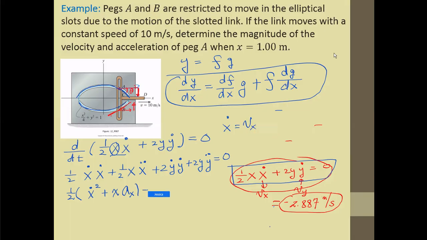Plus 2 times y dot, the velocity y component, so y dot squared, the velocity y component squared, plus y and y double dot. y double dot is the acceleration y component. That equals 0. Now I'm going to replace x dot by Vx.